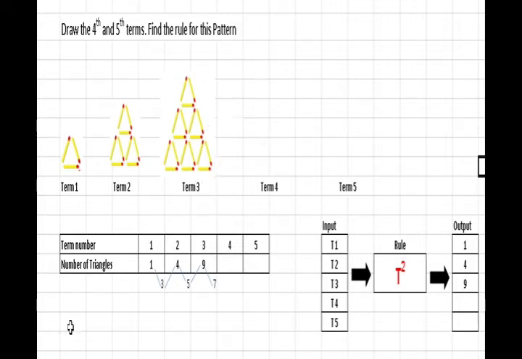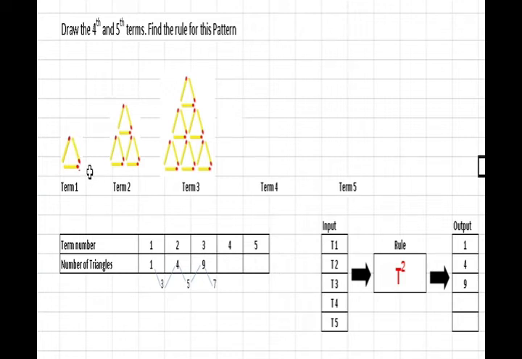Term 1 has a few matchsticks and only one triangle. Term 2 has a few more matchsticks than term 1 and more triangles. And it goes on and on in that pattern. Let's figure out what else we notice before we draw term 4 and term 5.